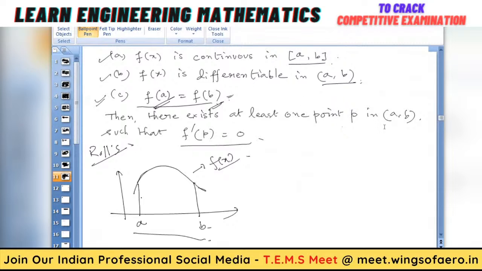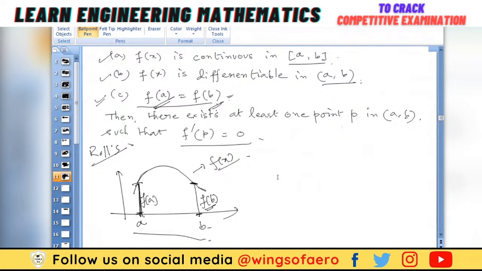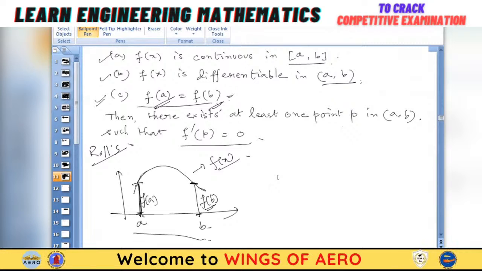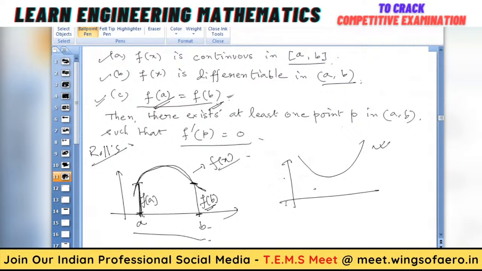It means this height is the functional value f(a), and this is the functional value f(b). So what does it mean that f(a) is equal to f(b)? It means that either the function is of this type or of this type. Only under this condition can we find f(a) equal to f(b).